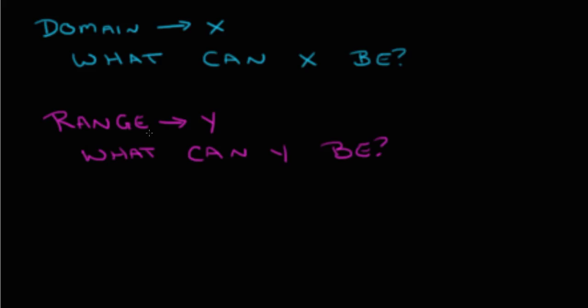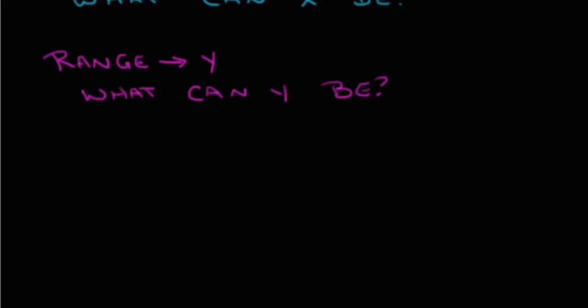And for the range of a function, that's with y, the dependent variable, and you're being asked, what can y be? That's really what is being asked when you're being asked about the domain and the range of a function.